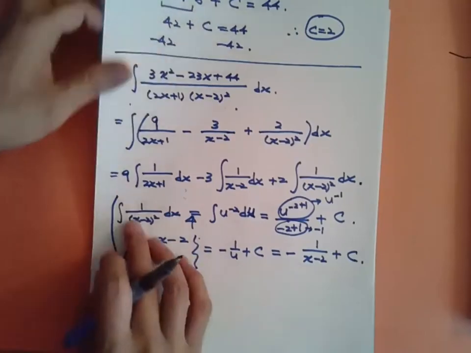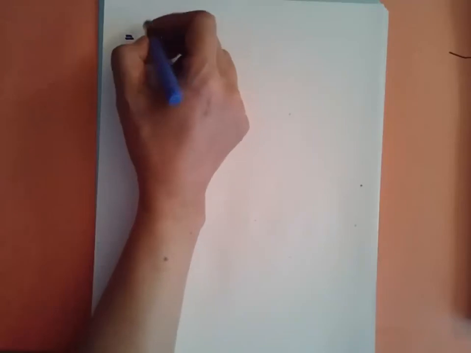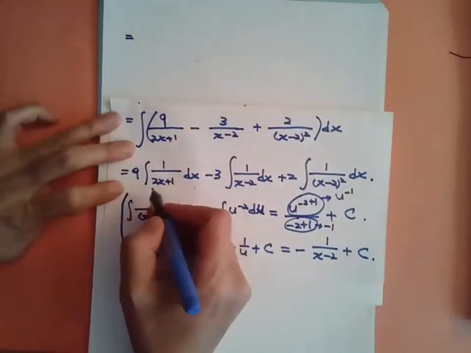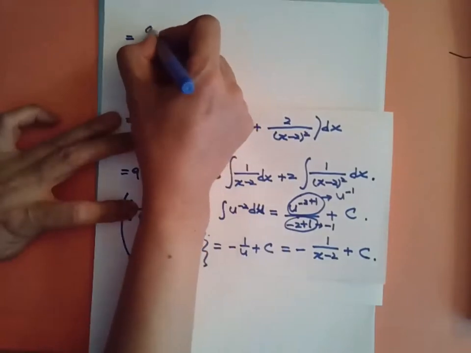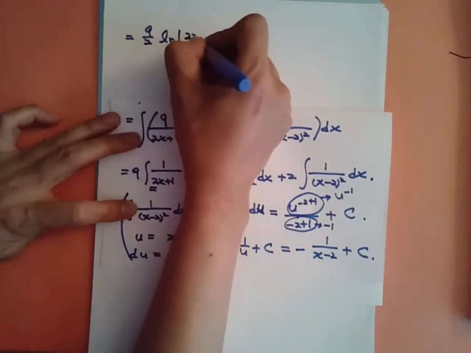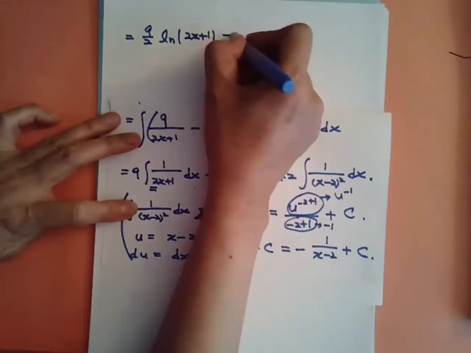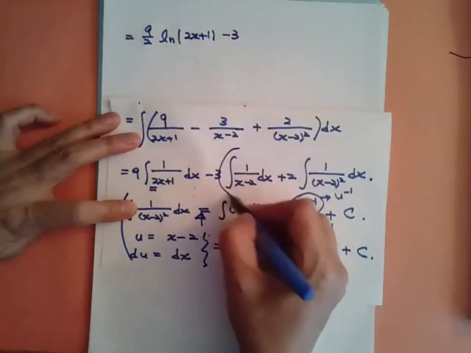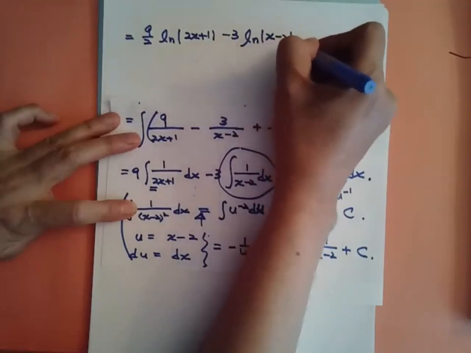All right, so let's combine everything to get the conclusion. For the first term, 9, but 2 is in front of x, so we have to divide: 9 over 2 times the natural log of the absolute value of 2x plus 1, and minus 3 times the natural log of the absolute value of x minus 2.